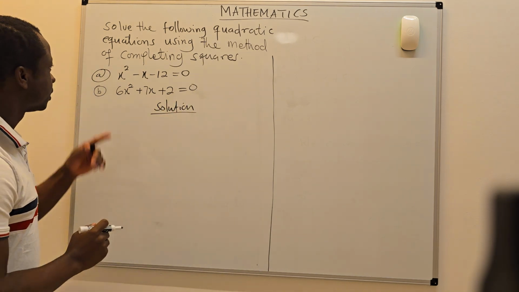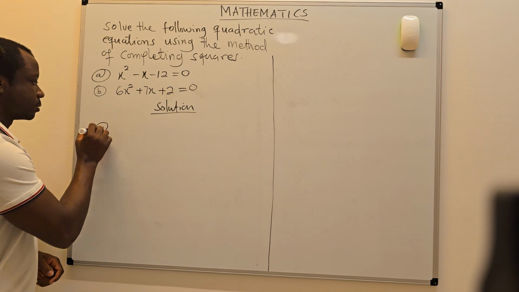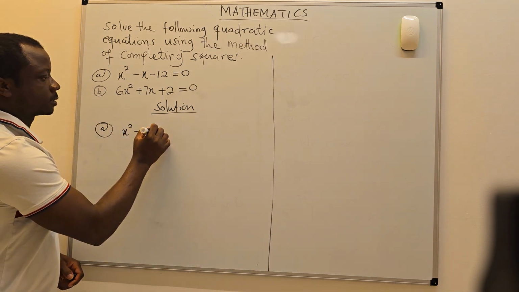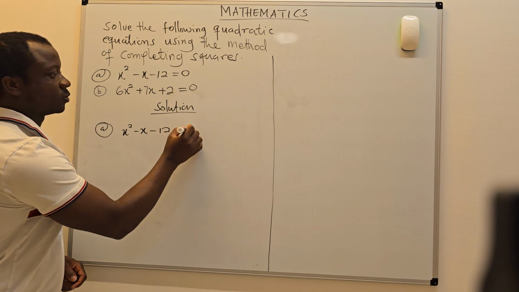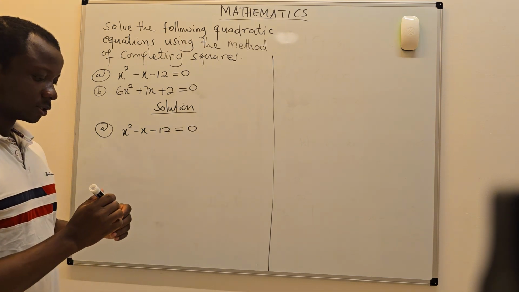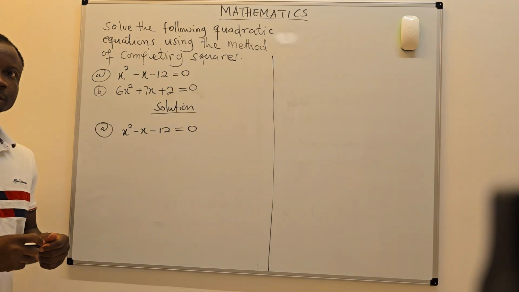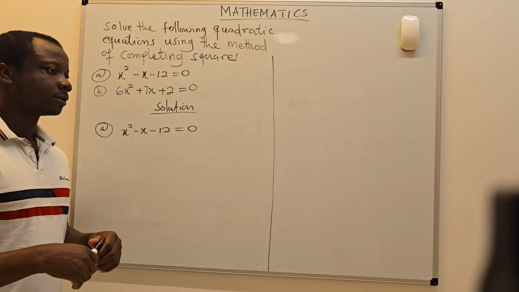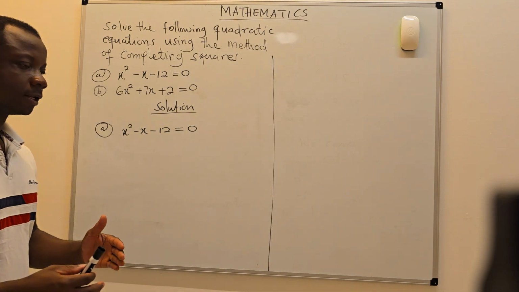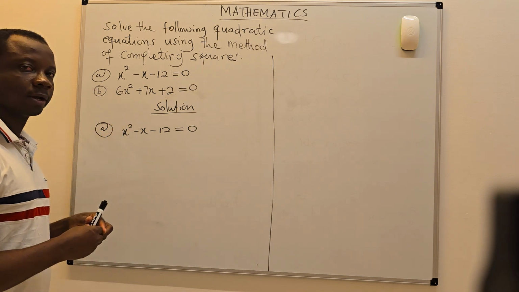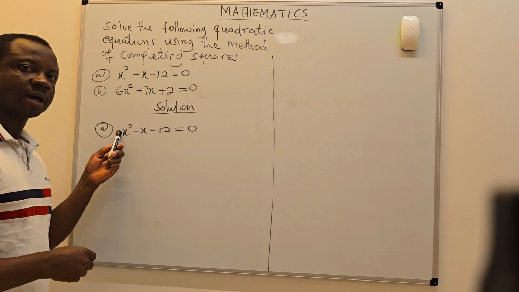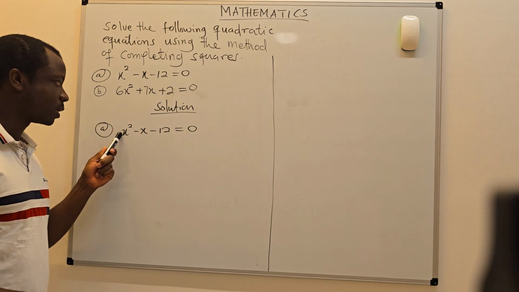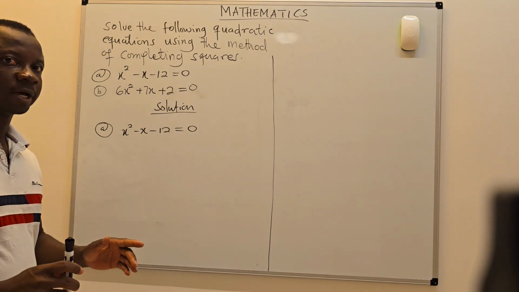Okay, so taking the first question, which is x squared minus x minus 12 equal to 0. In order to solve this using the method of completing squares, we have to make sure that the coefficient of the x squared is 1.